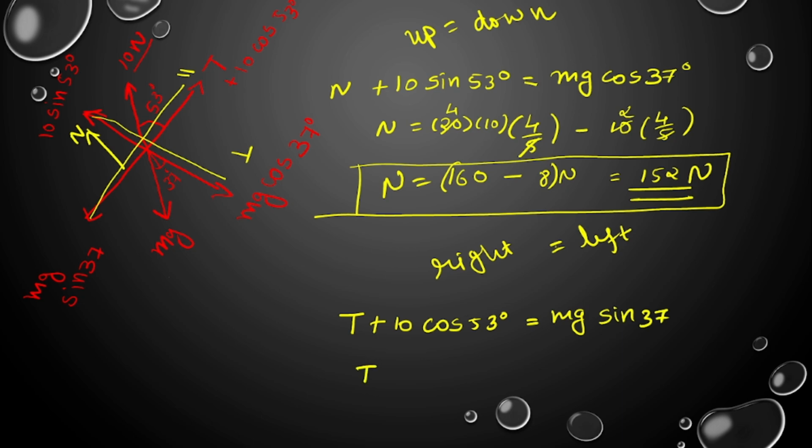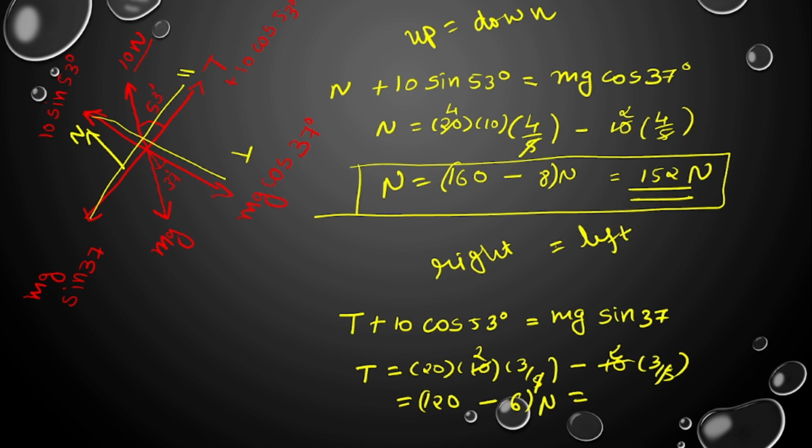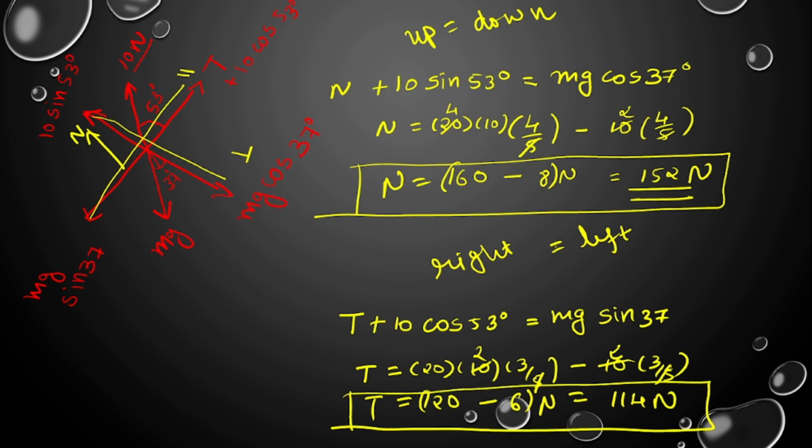So from here T is equal to 20 times 10 times 3 by 5 minus 10 times 3 by 5. 5 2s are 10. So the answer will be 120 minus 6 Newton. So this will be 114 Newton. So tension is 114 Newtons.